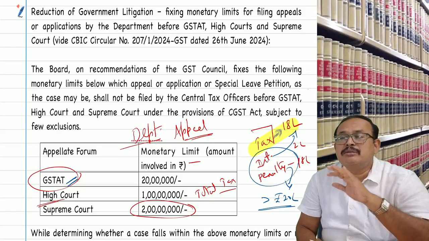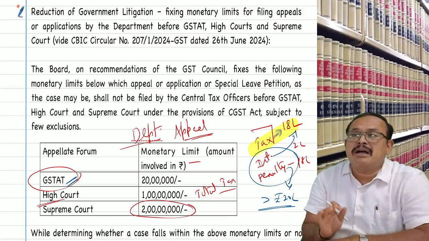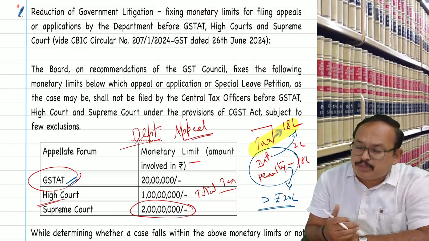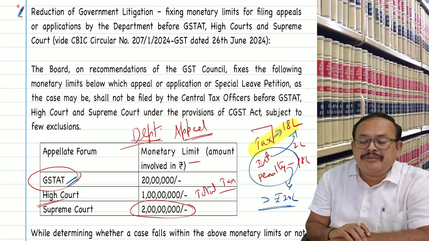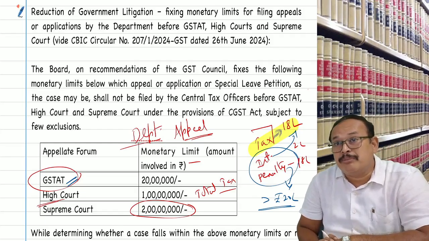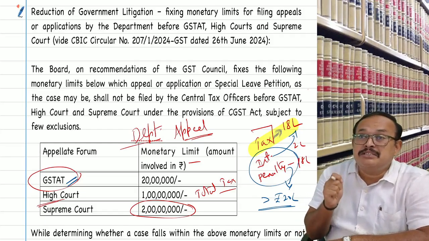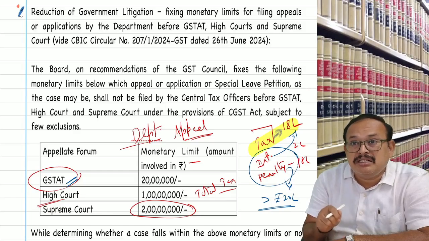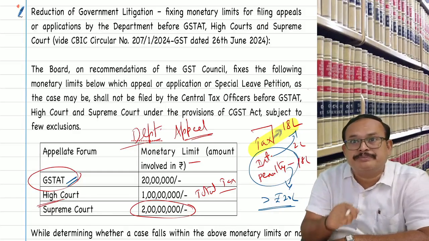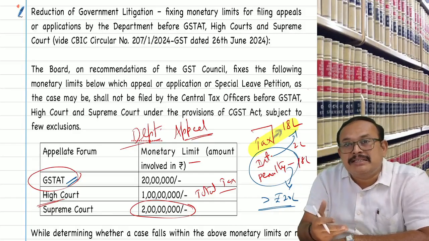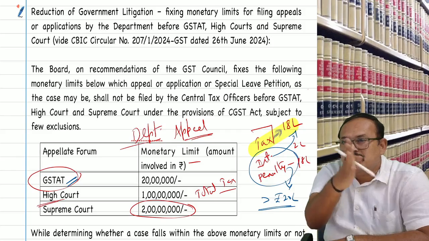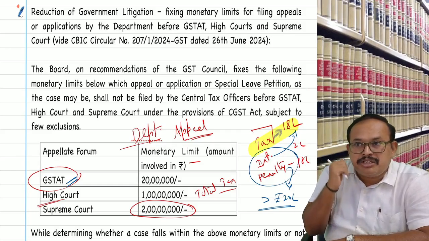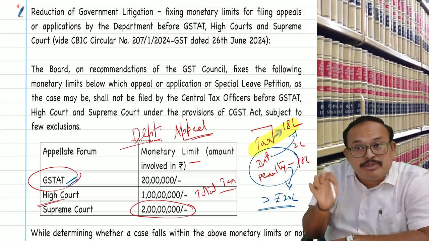In general, the department is not going to appeal if the matter involves short payment, non-payment, disputes, or procedural lapses. Otherwise, the department can appeal where the judiciary has given judgment against the department, against the government, or against a specific officer, with comments that the officer colluded with the taxpayer or is highly corrupt, though it may not be so.